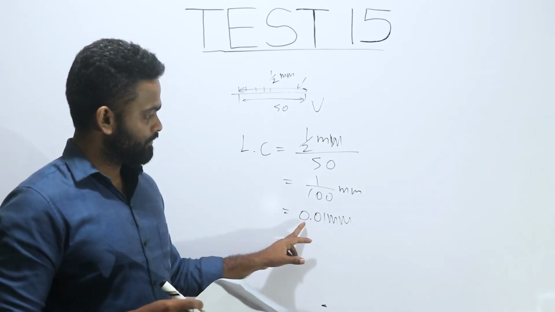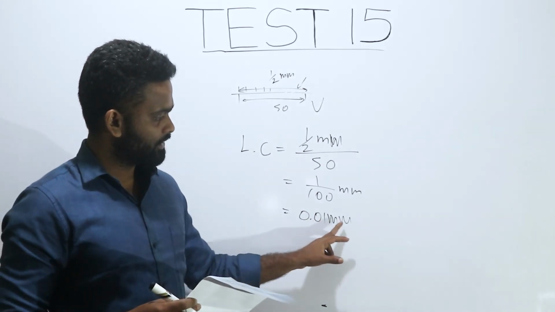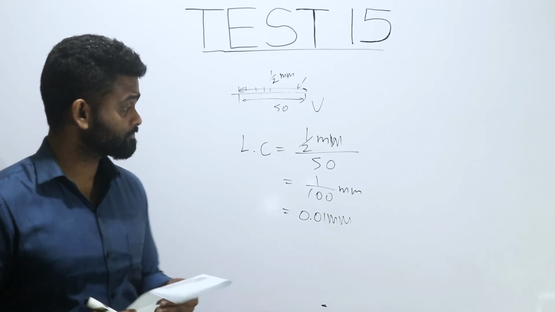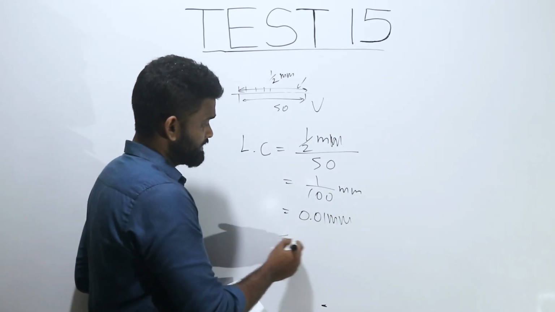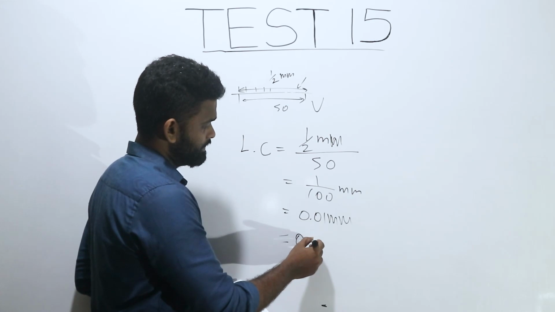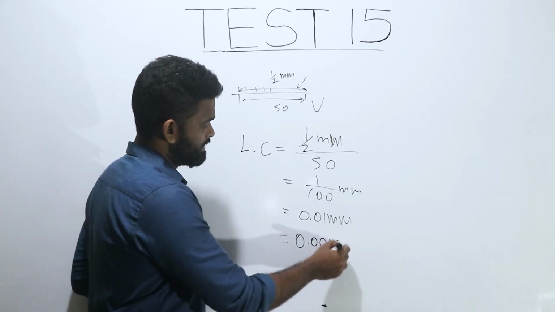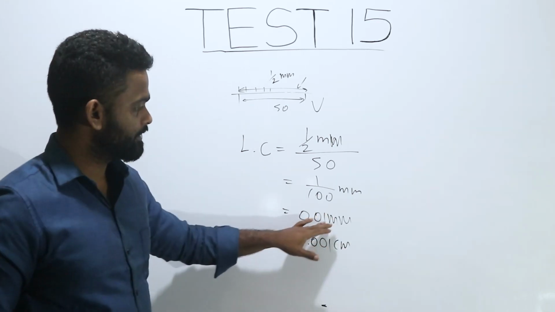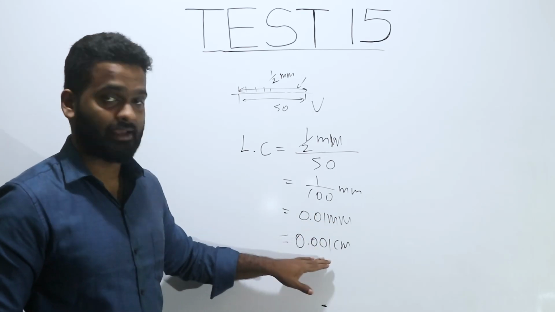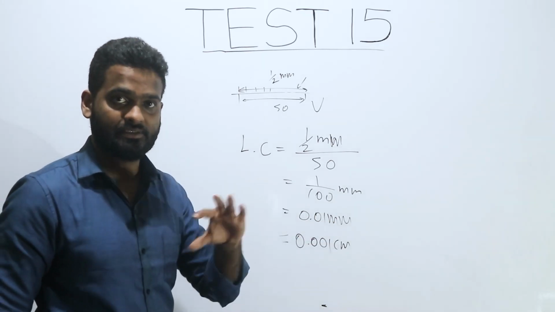Okay, so 0.01 millimeters. In centimeters, this is 0.001 centimeter. Convert it to centimeters, just divide by 10, because 10 millimeters is 1 centimeter.